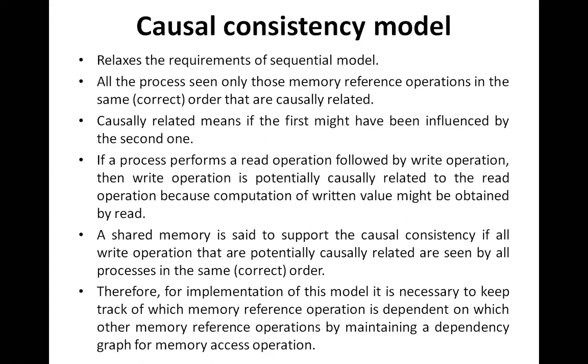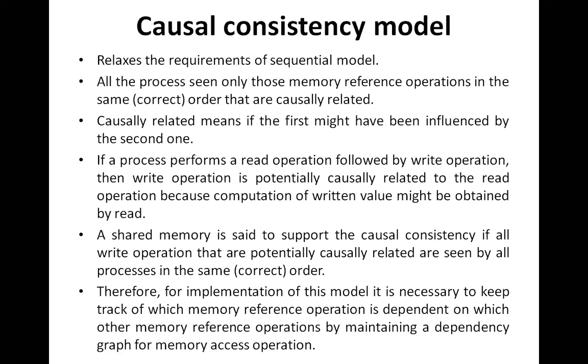Why? Because the value written by W2 might have been influenced in some way by the value written by W1. Therefore, W1, W2 is the correct order, but W2, W1 is not the acceptable order.